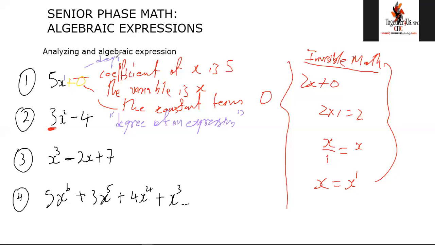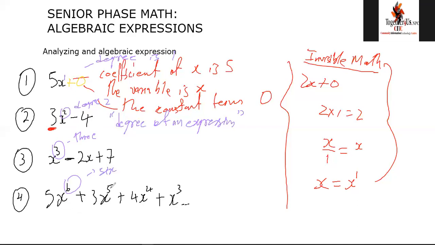So the degree of the first expression is 1. The degree of the second expression is 2. The degree of this third expression here is 3. And the degree of this fourth expression here is 6.